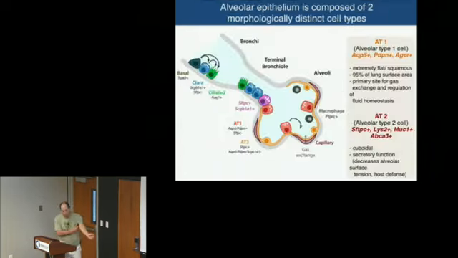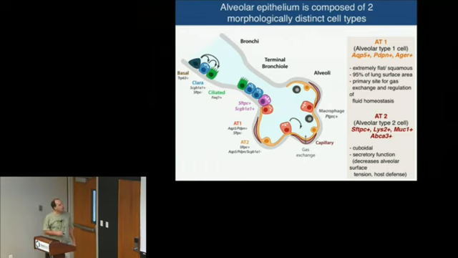Okay, so the alveoli of the lungs, which is the part we're interested in looking at, has a bunch of different cell types where, again, people have been kind of cataloging them by traditional methods that I described earlier. The 2 major types are called very creatively type 1 and type 2. And they've been associated with certain genes. And so these are sort of the canonical genes that everyone believes mark these cell types.